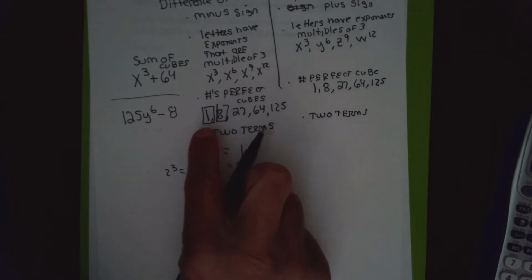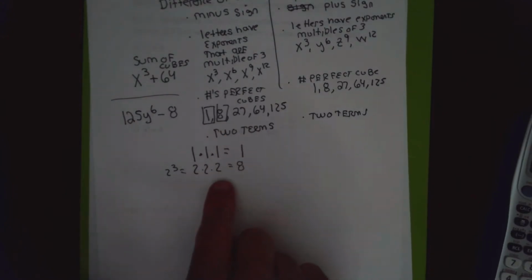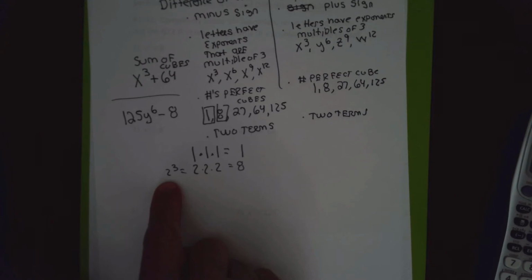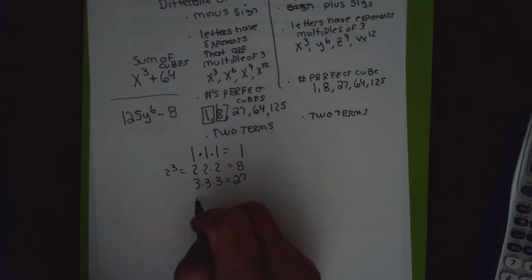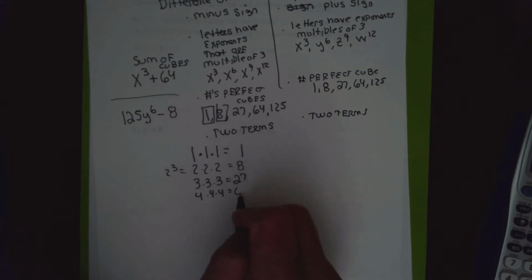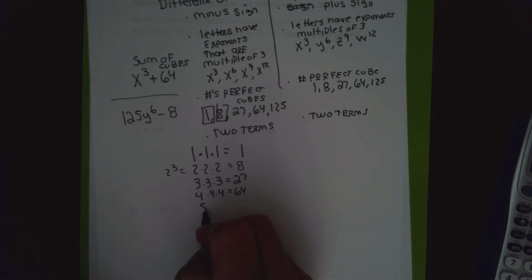A number is a perfect cube if it can be written as the product of 3 identical numbers, because the shorthand of that is that number cubed. 27 is a perfect cube because it's 3 times 3 times 3. 64 is a perfect cube because it's 4 times 4 times 4. And 125 is a perfect cube because it's 5 times 5 times 5.